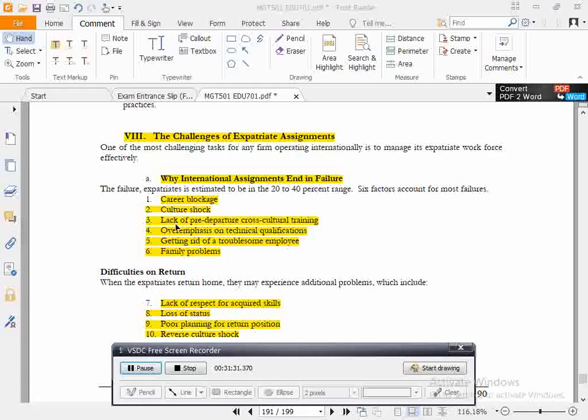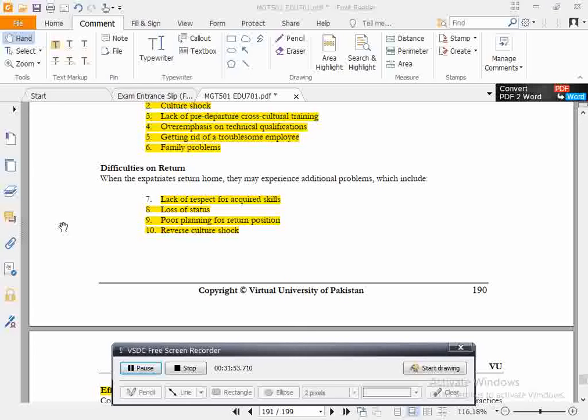Culture shock, lack of pre-departure cross-cultural training, over-emphasis on technical qualification, getting rid of troublesome employees, family problems. Difficulties on return: lack of respect for acquired skills, loss of status, poor planning for return, position reversal, culture shock.